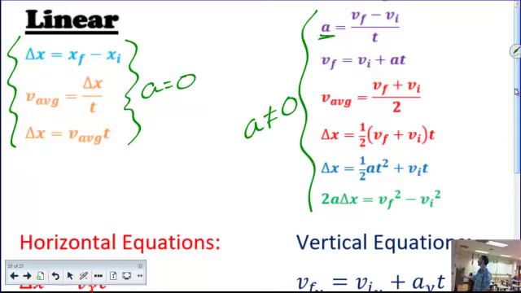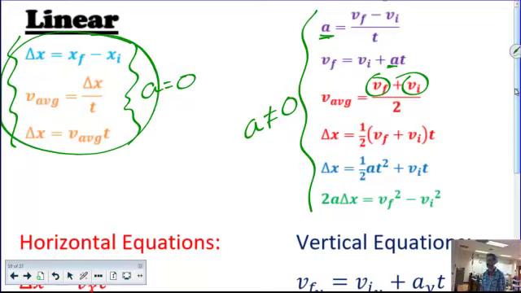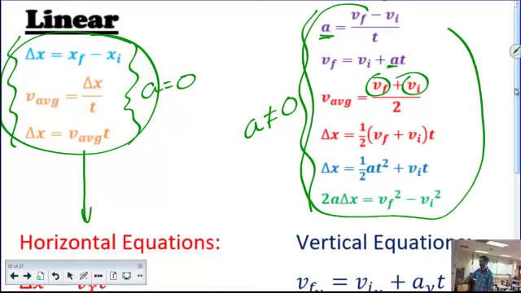You can see all of these ones have at least acceleration or some VF and some VI that are independent of each other. So these ones are the ones that we are going to use to describe the horizontal motion of a projectile, and these variables are going to be the ones that we're going to use to describe the vertical motion of a projectile.